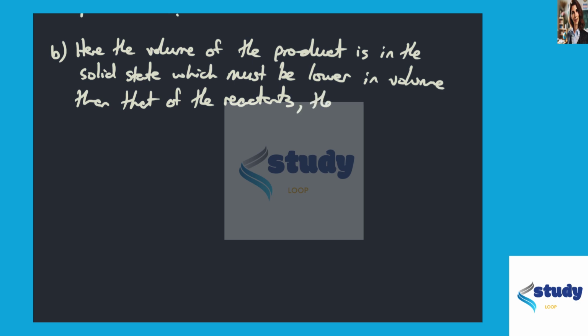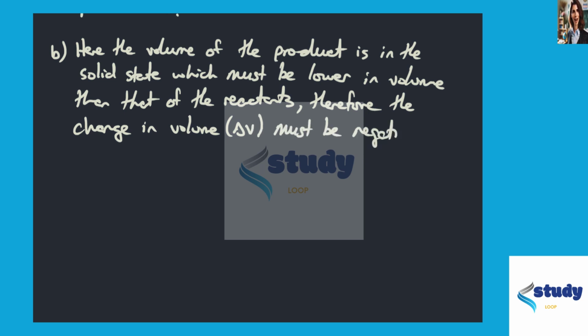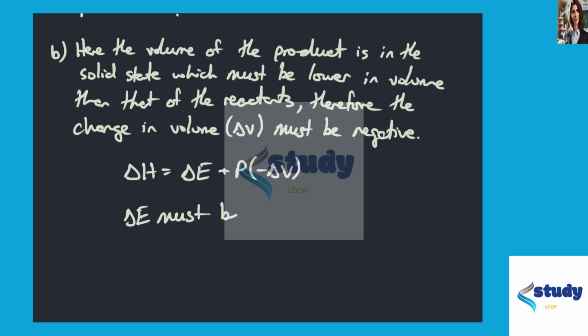Therefore, the change of volume, which is delta V, must be negative. So our expression, delta H is equal to delta E plus P negative delta V. So we can see here that delta E must be greater than delta H.